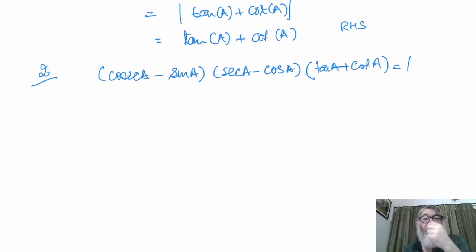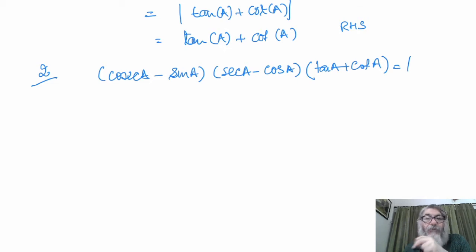As we told you, whenever we have to prove left hand side is equal to right hand side, we always take the more complicated side. Because I'm not going to start this question from the right, which has got only one digit, 1. So we will start with left hand side, and from left hand side we'll achieve right hand side.